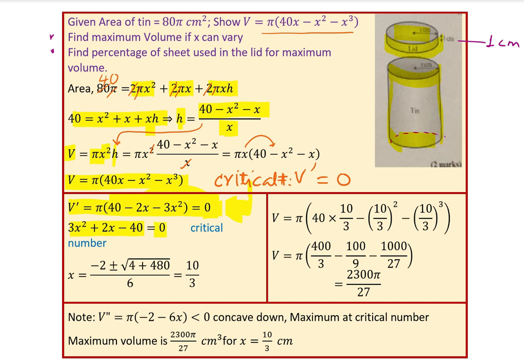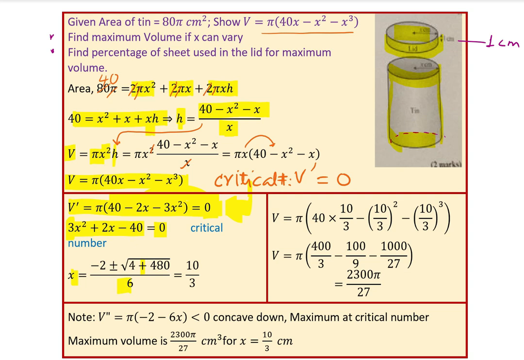Now you can apply the quadratic formula to find the value of x, right? So the value of x is minus 2 plus or minus the square root of 2 squared, so 4, minus 4ac, 4 times 3 times minus 40. Minus minus makes it positive, so we get positive 480, divided by twice a, which is 2 times 3, so we get 6, correct?